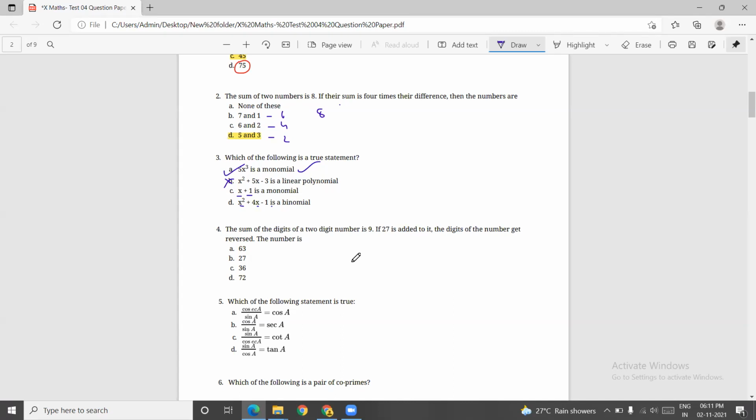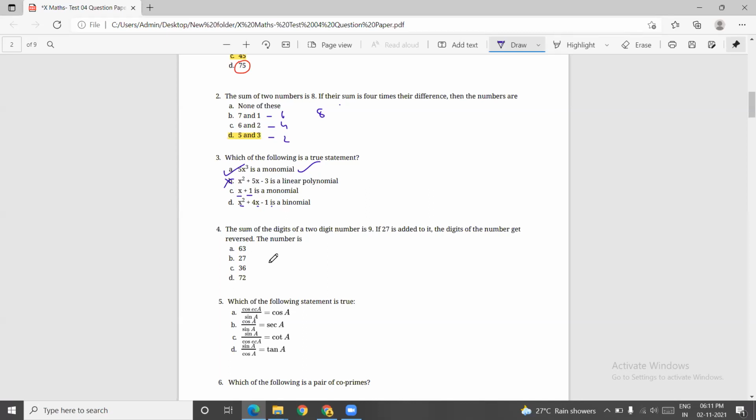The fourth one. The sum of the digits of a 2-digit number is 9. If 27 is added to it, the digits of the number get reversed, then the number is... If you see all these numbers, the sum is 9 only.